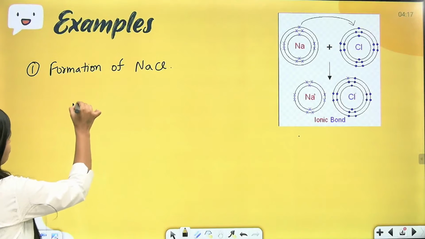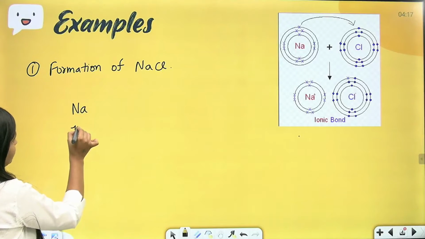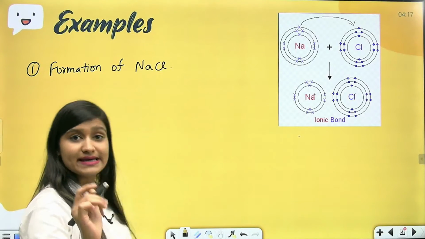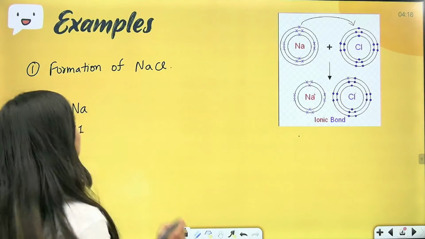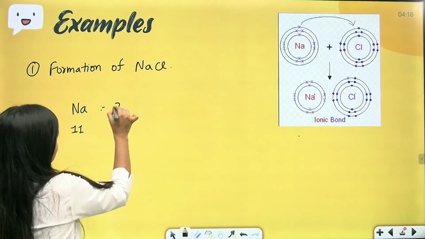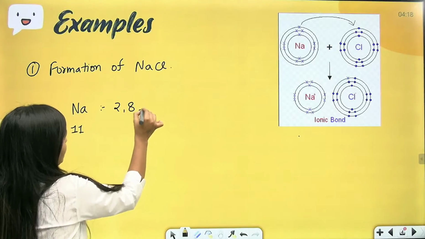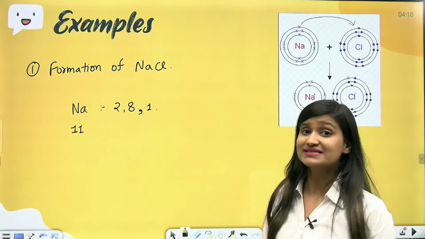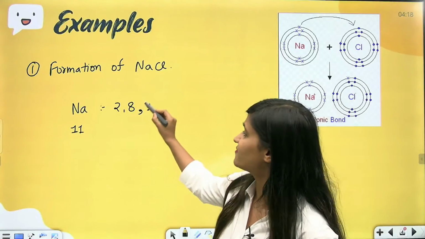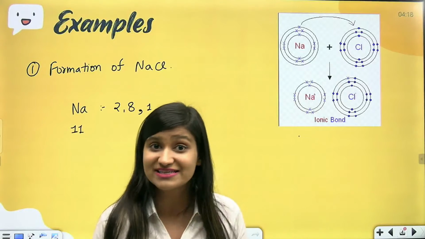Here it is sodium. Its atomic number is 11. So what will be its electronic configuration? 2, 8, 1. Right? Now, as you can see, sodium is a metal, only 1 electron in its valence shell.